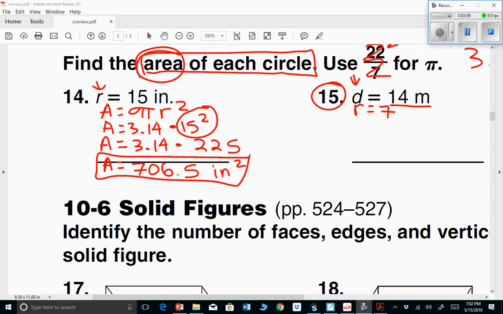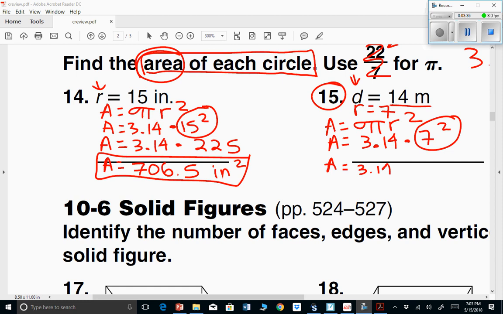So the formula for the area of a circle is still A equals pi r squared. That's just something you need to have in your notes, and really you should memorize it. A equals 3.14 times, we said r is 7, squared. Just like in the last problem, you have to do your squaring first. 7 times 7 is 49.